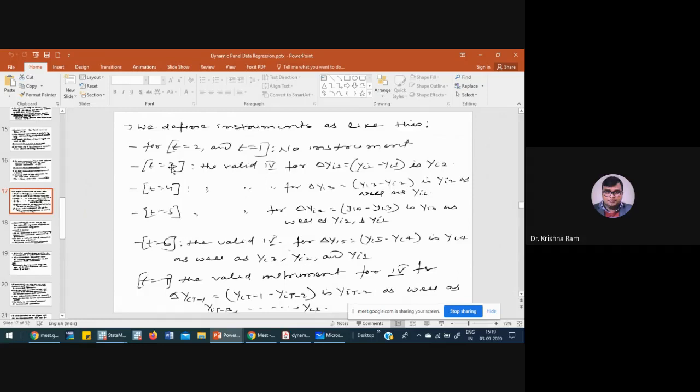And the fifth one is for the 7th period. So 15 instruments for one endogenous variable. I am talking about one endogenous variable. I am emphasizing this because we are going to talk about this when we actually estimate our model.